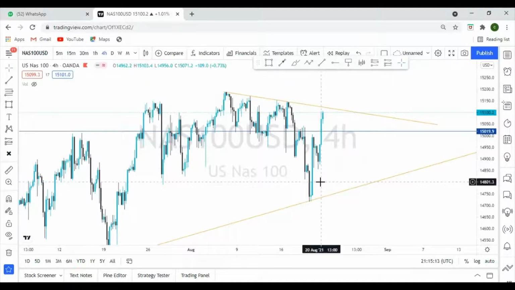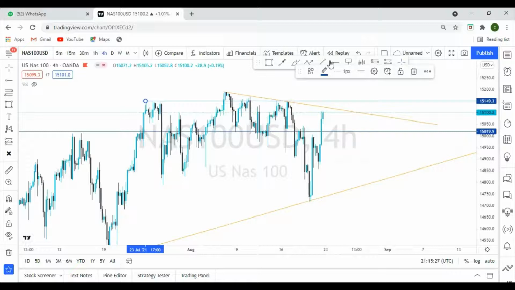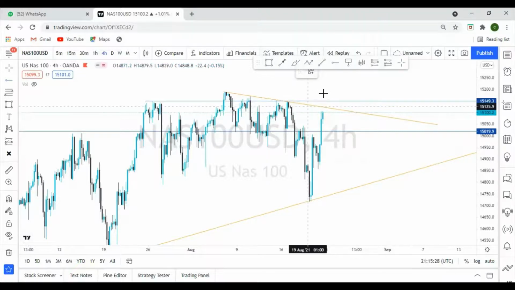Take note of that. With the momentum we have right now, I believe we're going to break this trend line and push to the upside. However, NAS100 is still in a consolidation phase. I'm looking for Nasdaq to break this resistance and close outside, and that's where I'm looking to buy. Or if you want to be safe, look for a breakout and wait for a retest so that you can hold your buys as we go to the upside.